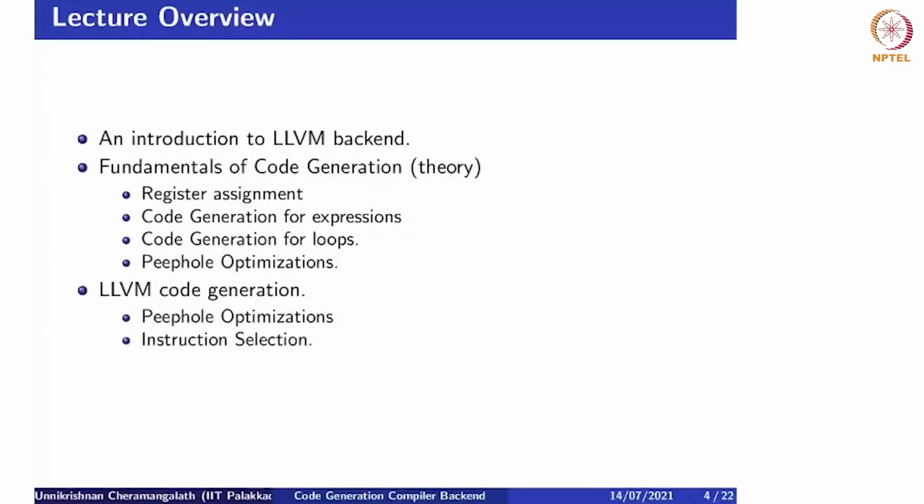Then you have instruction selection, like for a given hardware independent LLVM instruction, like add, mul, etc., which instruction to be selected for the given target. Then running MIR passes, like LLVM has an intermediate code called MIR, that is the machine intermediate representation, and how you work on that.